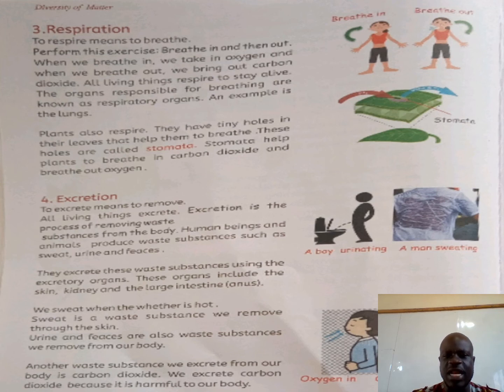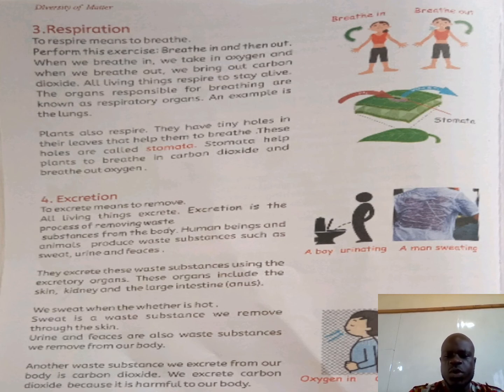Human beings and animals produce waste substances such as sweat, urine, and feces. They excrete these waste substances using the excretory organs. These organs include the skin, the kidneys, and the large intestine through the rectum and the anus.